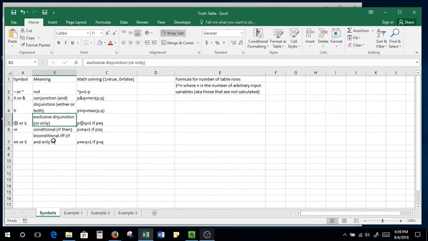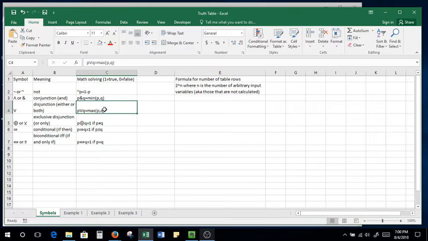This is exclusive disjunction. So if the previous one is or, but including if they both happen, then this is or, but only if one or the other happens. So this is equal to 1 if P does not equal Q. So remember, we were doing this.